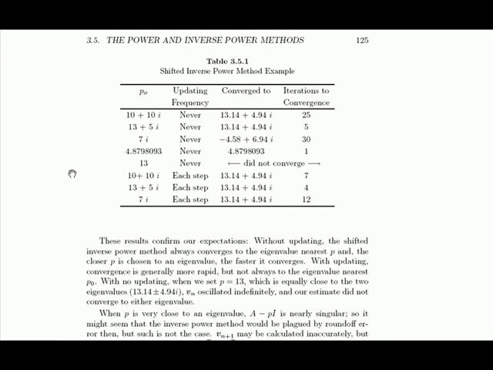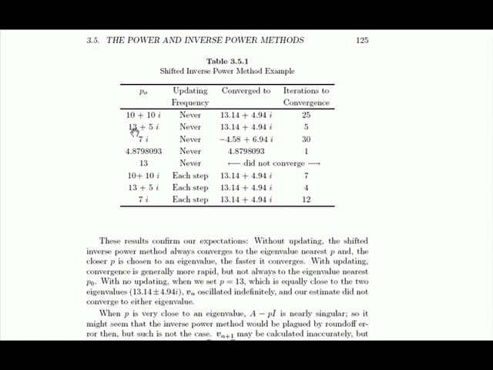We applied this routine to a 5x5 matrix that had one real eigenvalue and two pairs of complex conjugate eigenvalues. If we started with P equal to 10 plus 10i without updating, in other words, the normal shifted inverse power method, it naturally converged to the complex eigenvalue closest to 10 plus 10i.